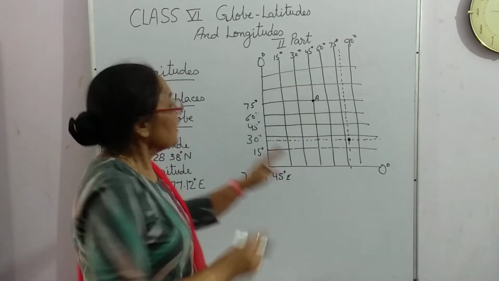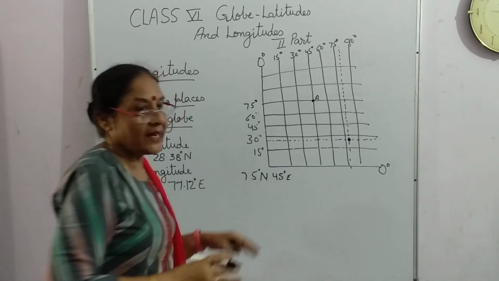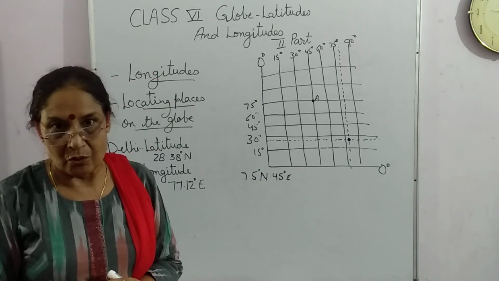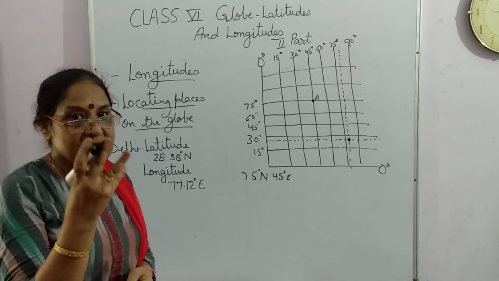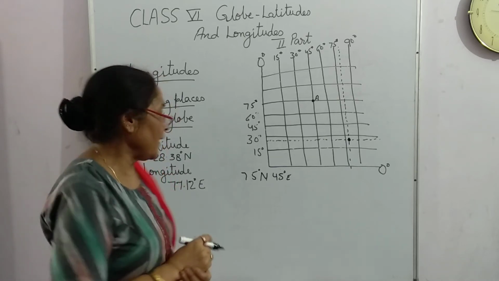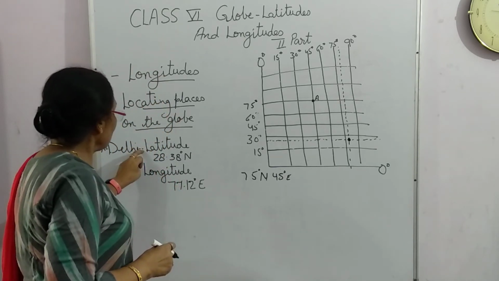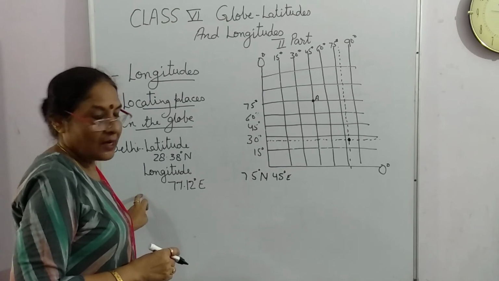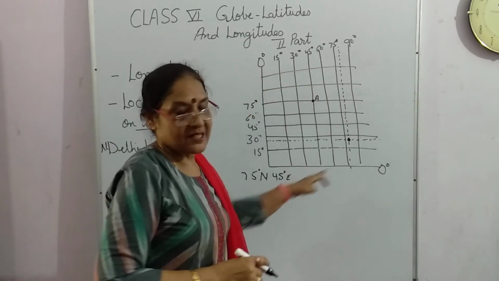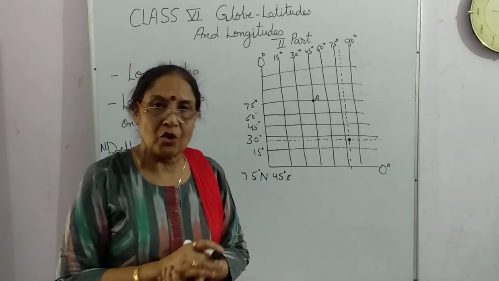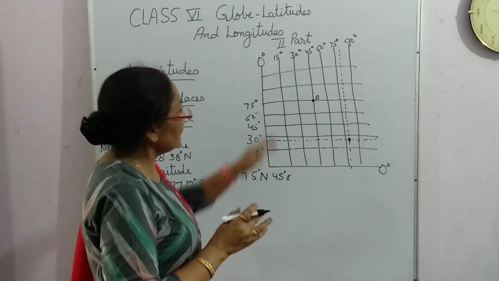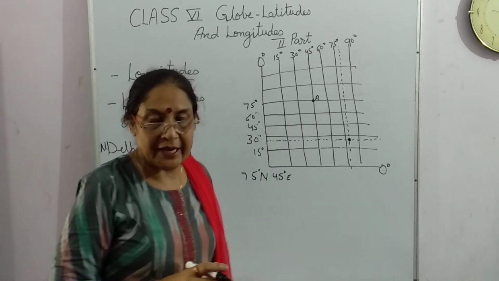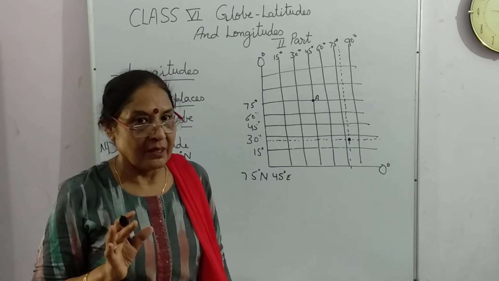Clear to everyone? In this way we can locate places on the globe. Two things are required for locating places, latitudes and longitudes. That's why this grid system, the network of latitudes and longitudes, is so important for locating any place on the globe.